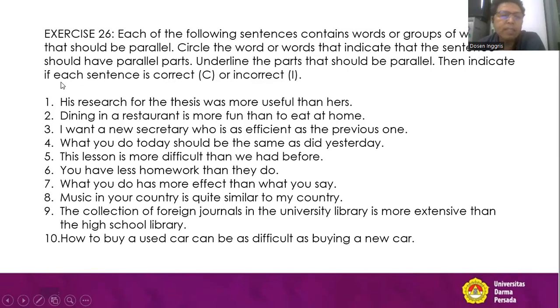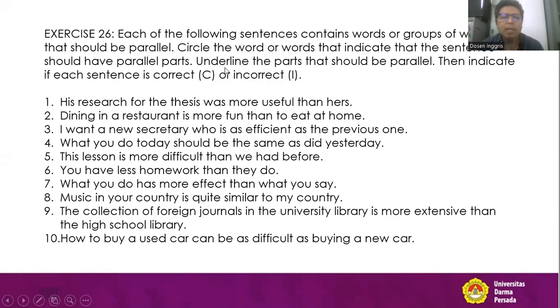Now, everybody, let's see number one. His research for the thesis was more useful than hers. So what pattern do you see in sentence number one showing this is a comparative sentence? So we have more and then. So you circle the word more and then, indicating this is a comparative sentence.